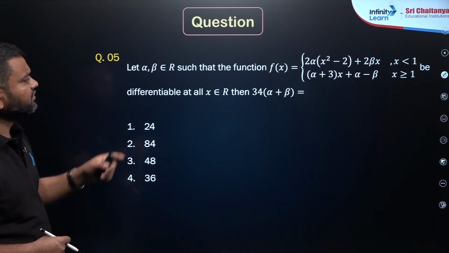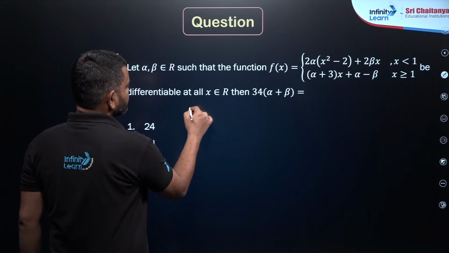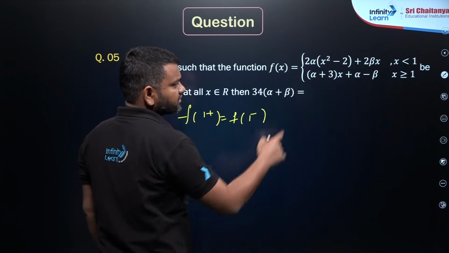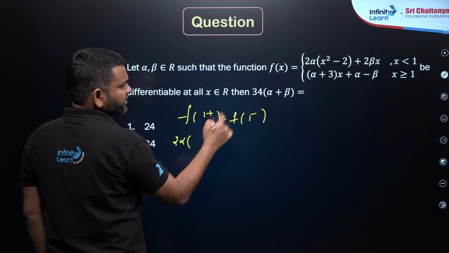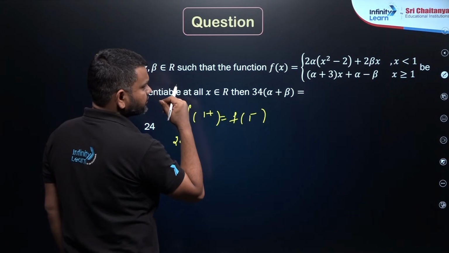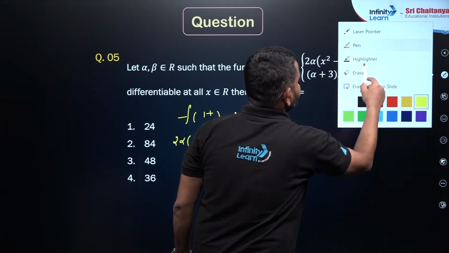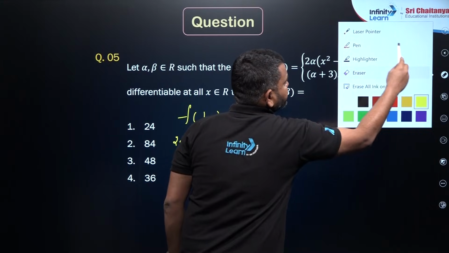Next. Okay, so differentiable, which means it is continuous also. So f of 1 plus will be equals to f of 1 minus, put those values in that. So you are going to get 2 alpha times of, if I am substituting 1 minus, let us say, as I am taking, do not get confused here, on the left side I am taking minus, on the right side I am taking plus.